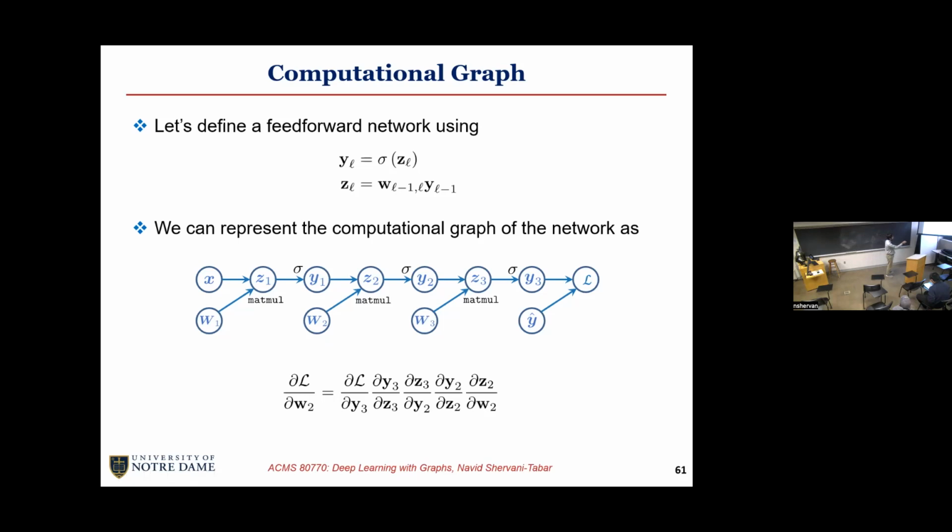I just need to see from what path I can get from that variable to my loss function, and I just go backward and compute the derivative of the loss in each step and multiply those using the chain rule, and I will get my gradient here, and that gradient is going to be used to update parameters W2. So I'm going to continue and find this for W1, W2, W3, and every parameter that the model has, and that's going to help me to update my model parameters.